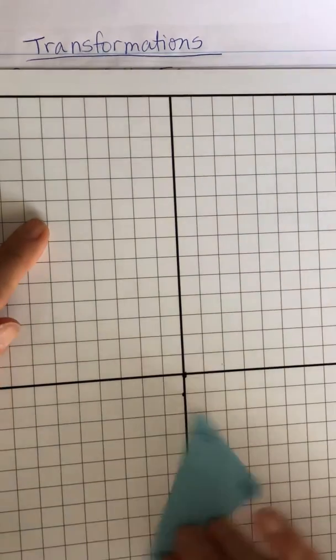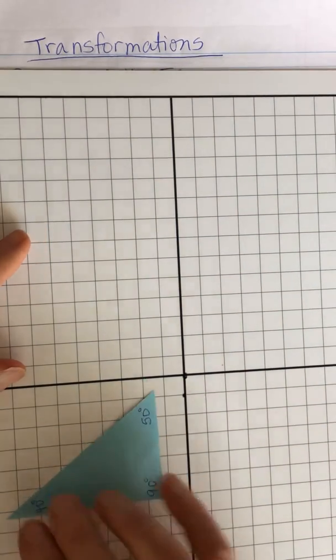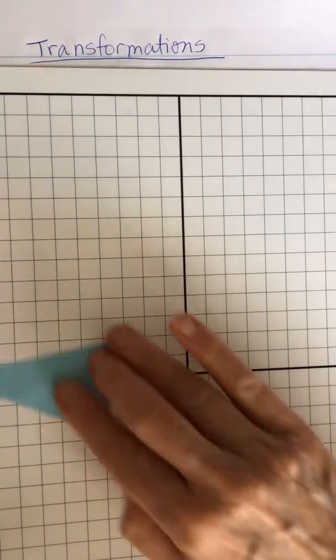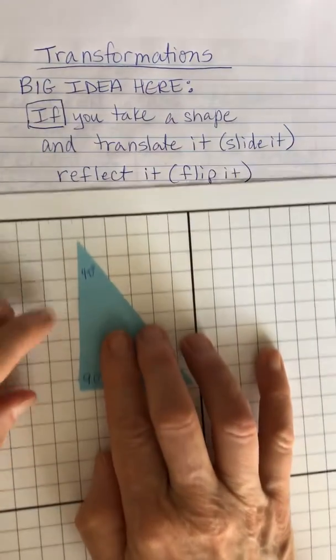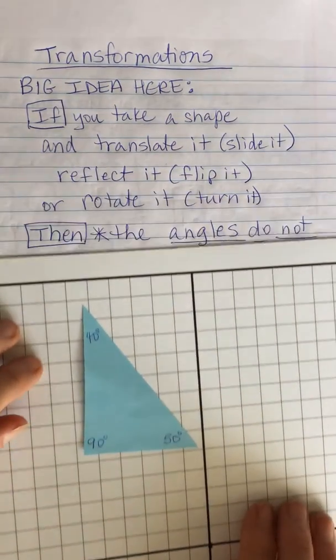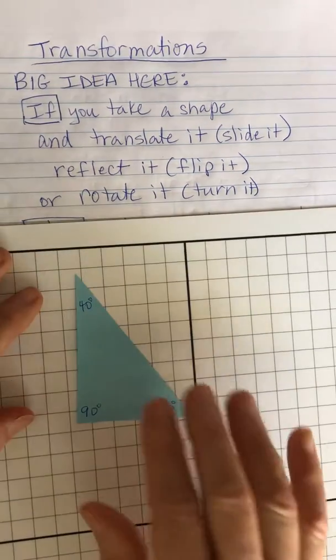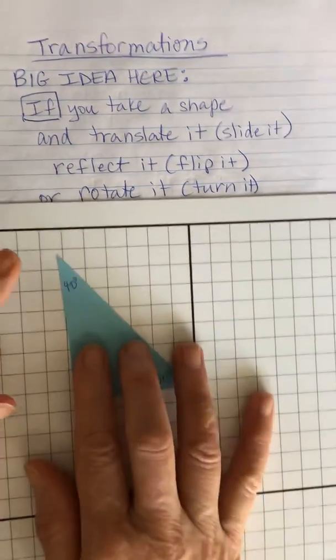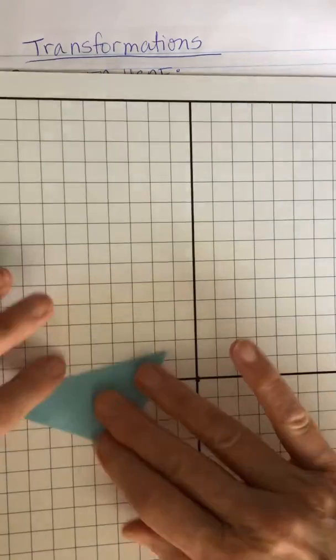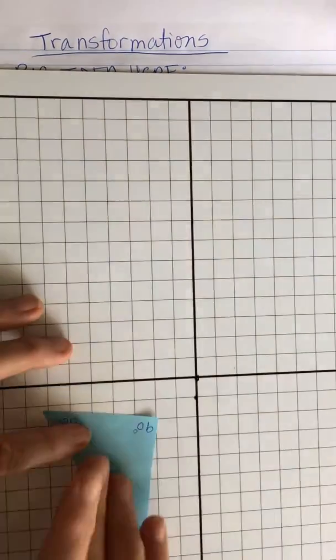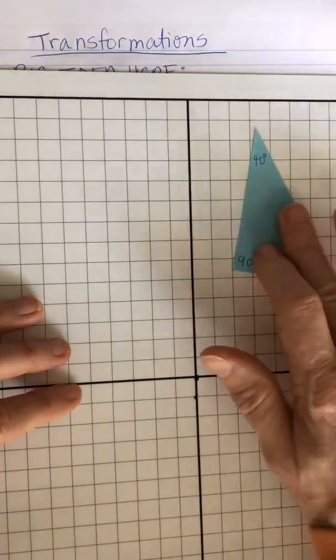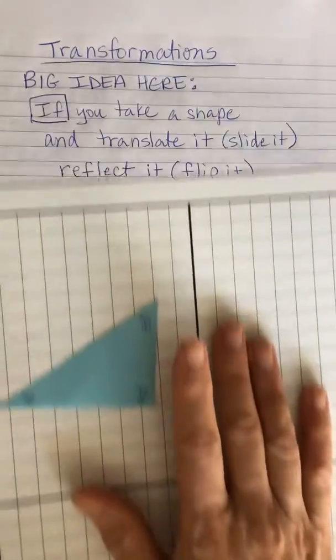I'm going to rotate it again, and now that 40-degree angle is facing the left, and then when I come back up, it comes back to its original position, and that's a rotation or a turn. And by the way, I can also go counterclockwise. I can go backwards on the clock, rotating it this way, this way, this way, and this way. So that's called a rotation.